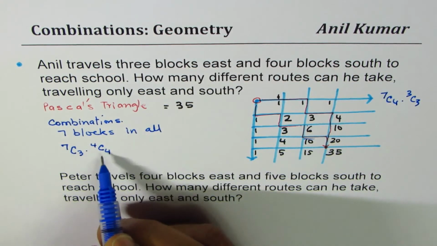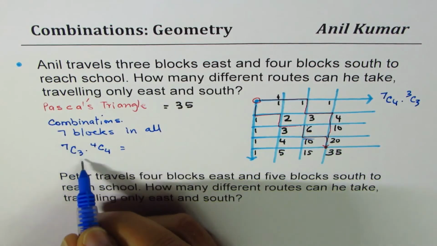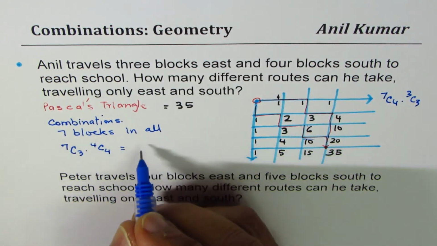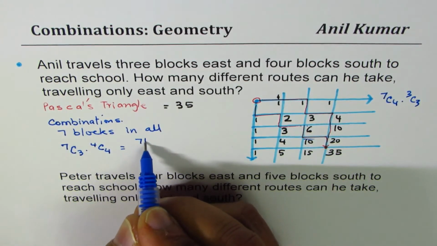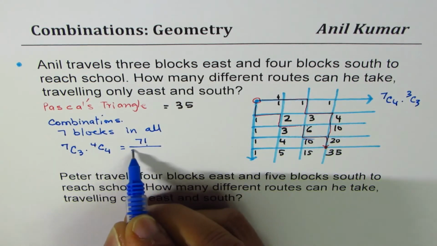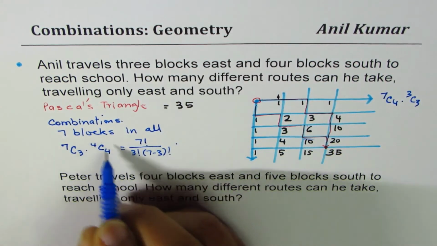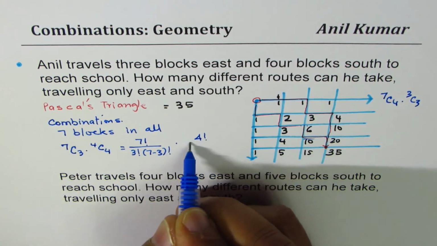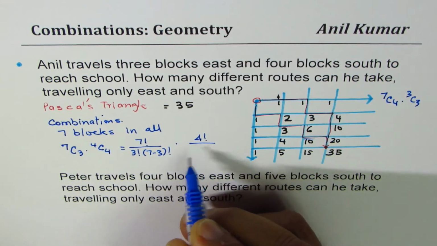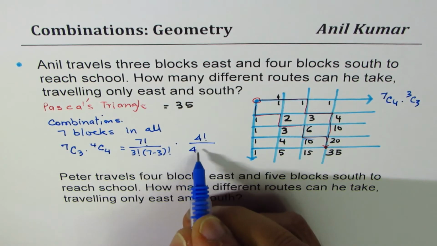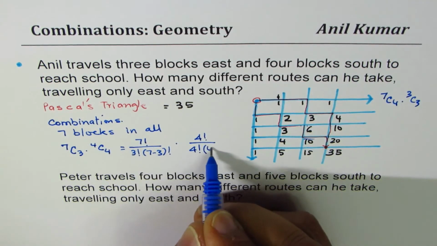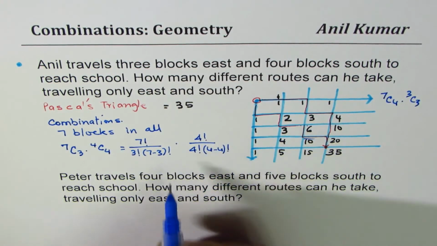Anyway, let's figure out the answer. 7C3 times 4C4. So that means 7 factorial divided by 3 factorial times 7 minus 3 factorial, times 4C4, which is 4 factorial divided by 4 factorial times 4 minus 4 factorial, which is 0 factorial, right?